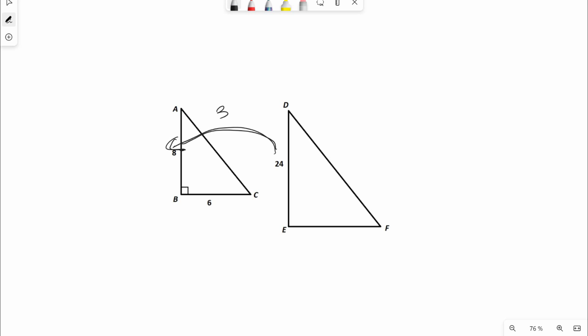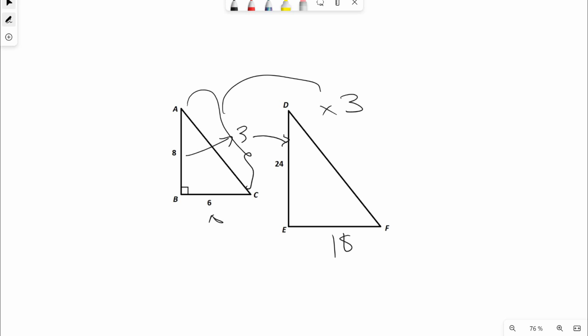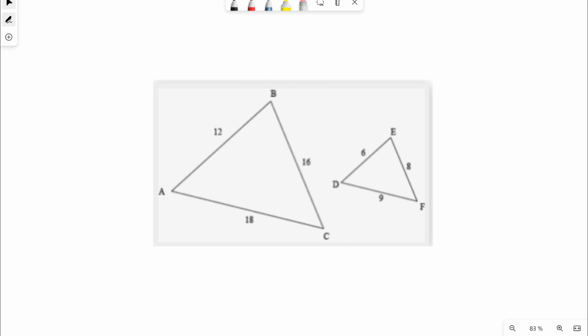It means this one is 3 times the other, so this should be 3 times this one. Then you get here the 18, and you may measure this and multiply it by 3, because they didn't give you the length.